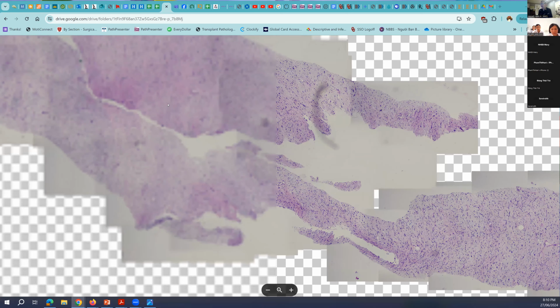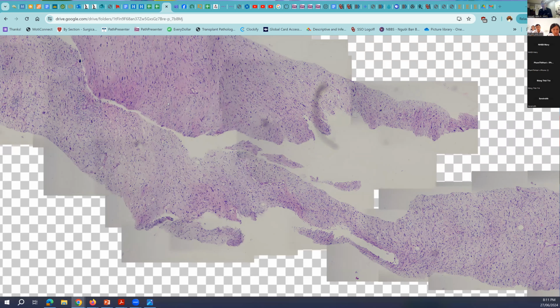The other things that I think about in the retroperitoneum would be inflammatory myofibroblastic tumor. This is not very inflammatory. It's more pleomorphic than that lesion is. I would think about a desmoid or fibromatosis type of lesion.